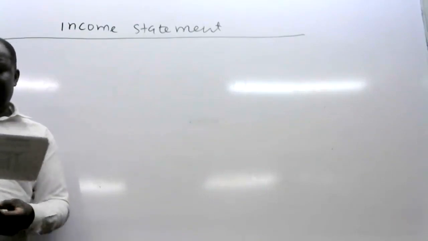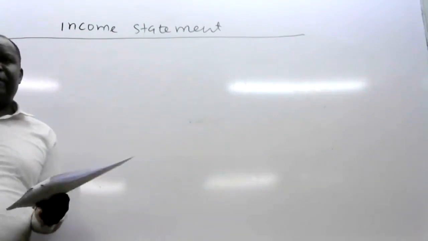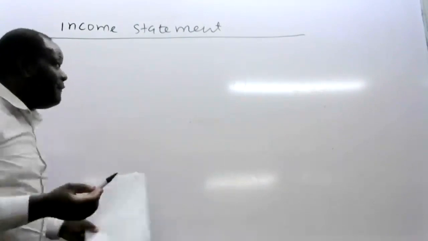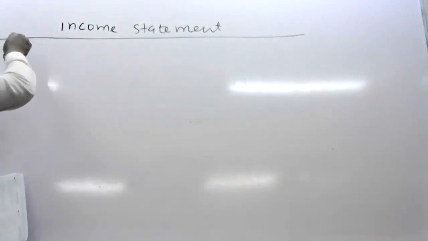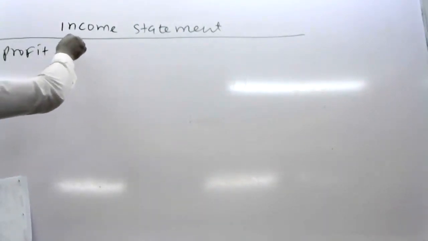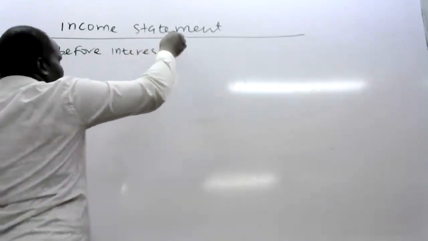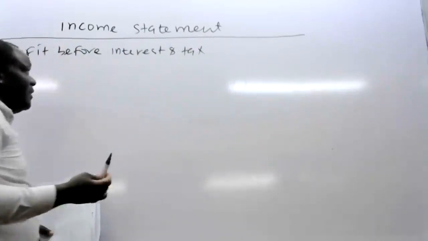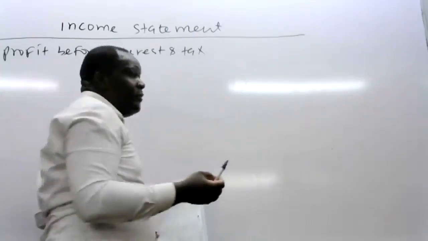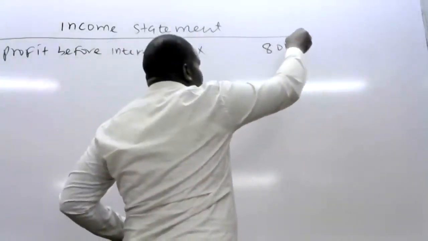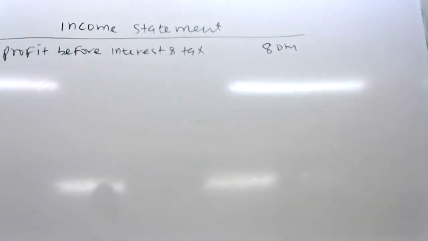So we start with the profit before interest and tax, which has been given as 80 millions.